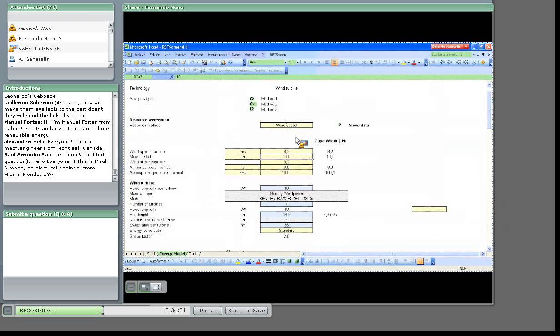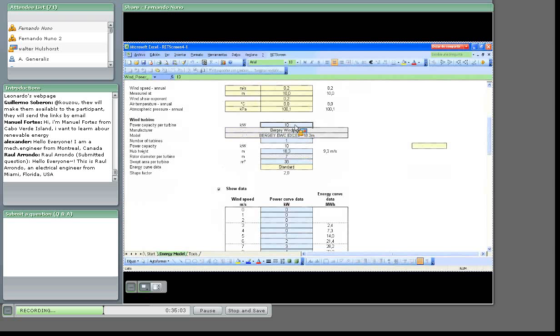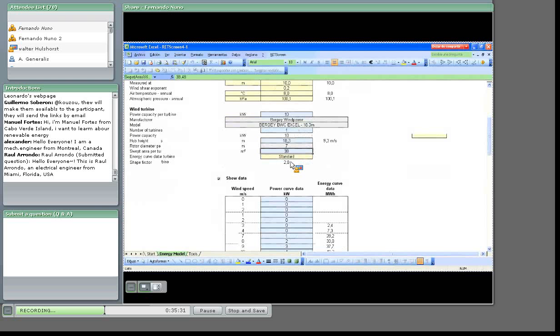So in this case we should also specify the average air temperature, the atmospheric pressure. Then we define, as we did previously, the nominal power of our wind turbine. We have chosen this model, one turbine, 10 kilowatts. The hub height is specified at 18.3 meters, so in this case we can benefit from a higher wind speed. So we have the area per turbine.